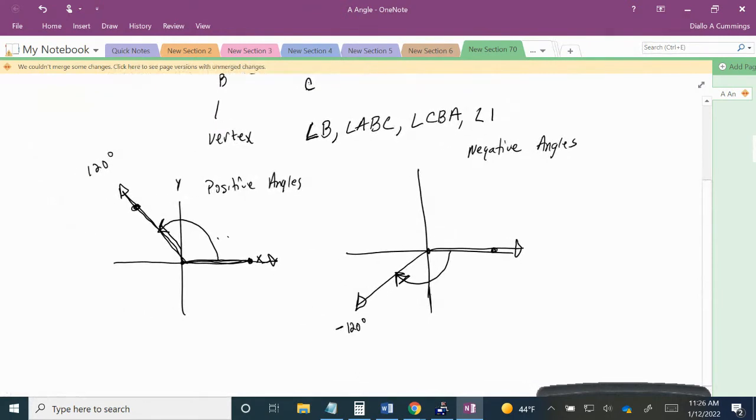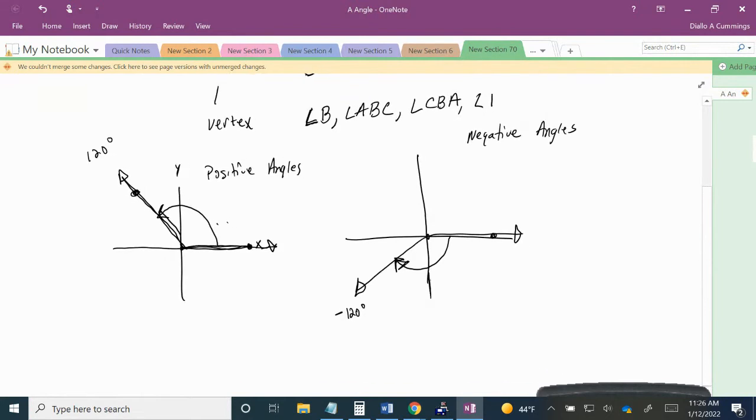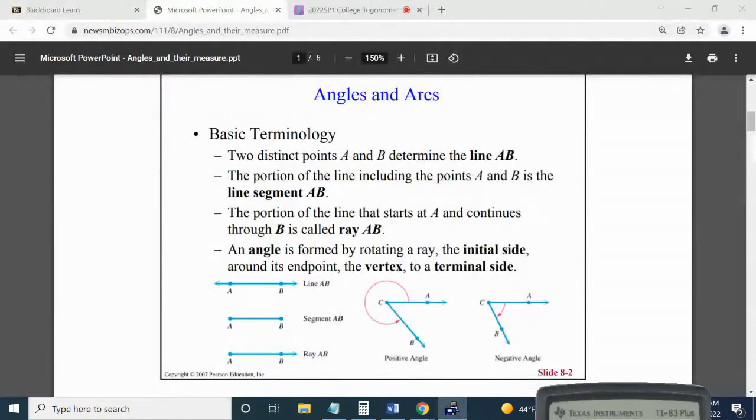One other caveat when you talk about negative and positive angles is the angle measures. If you're dealing with a positive angle, this is how you can label your degrees on your axes.